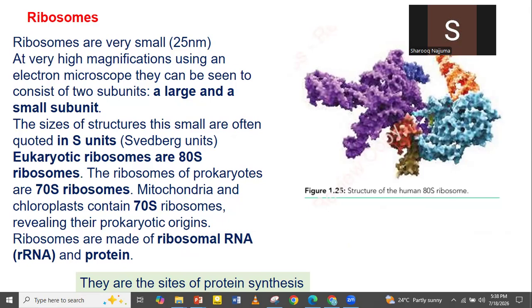You'll still learn about the process of protein synthesis, how proteins are made, but from this section, just know that ribosomes are used in making proteins. So 80S ribosomes make proteins in animal cells, in plant cells, in fungal cells, in eukaryotes, whereas 70S ribosomes make proteins in prokaryotes, which are the bacteria.